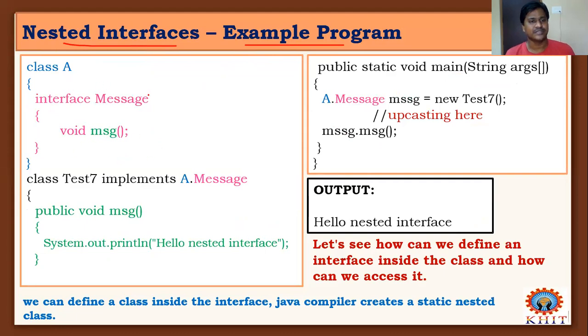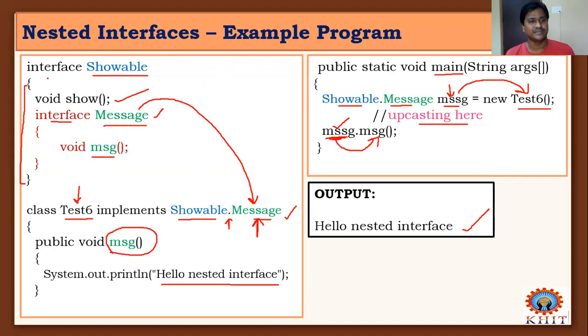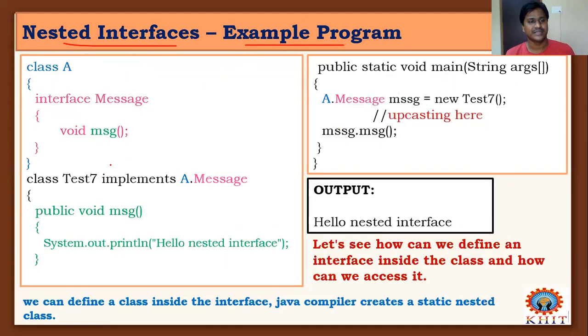So now, in the previous example, we have taken that one interface is defined in another interface. Here the example is one interface defined in a class, not an interface.